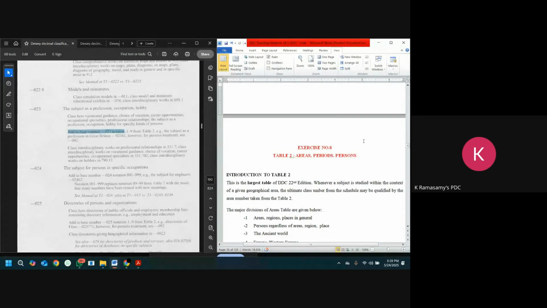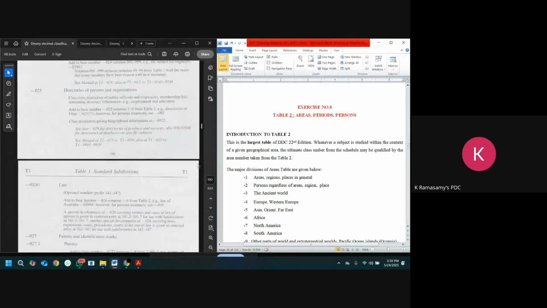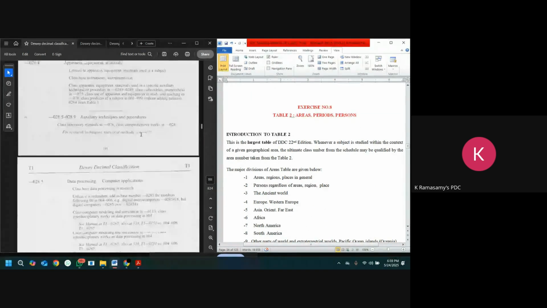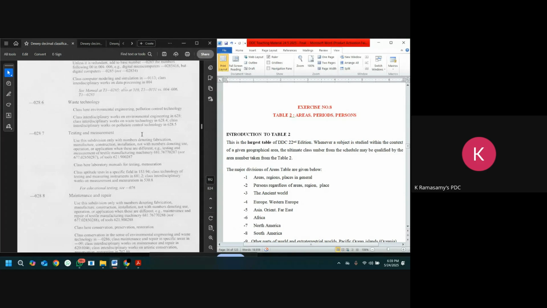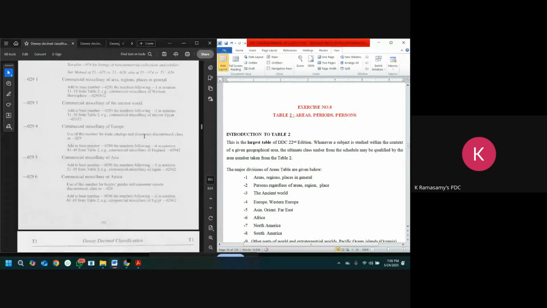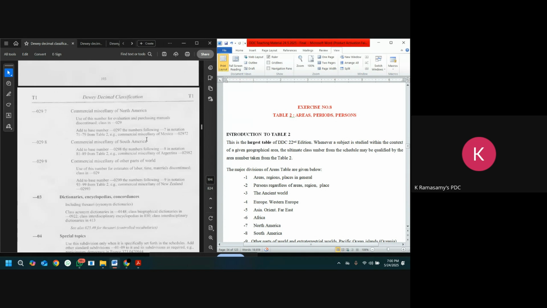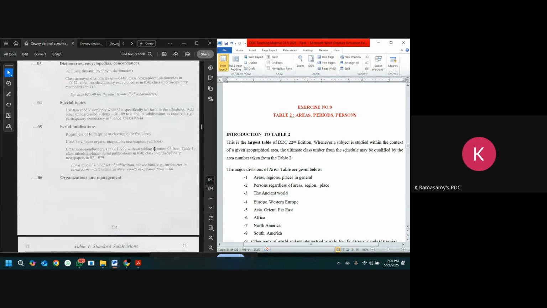Now let me move on to table 2 areas. See, area table is the largest table. It has got more than 700 pages. The largest table is table 2. There you can get numbers for continents, countries, states, local places, oceans, or rivers, or even socio-economic regions.